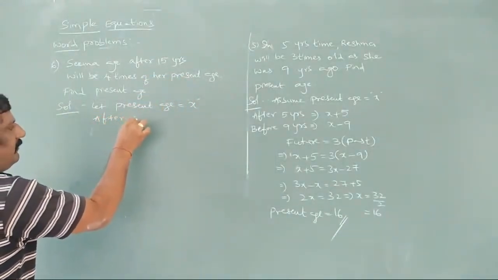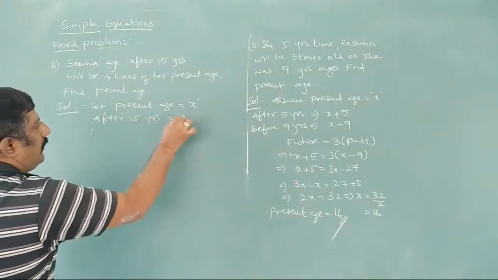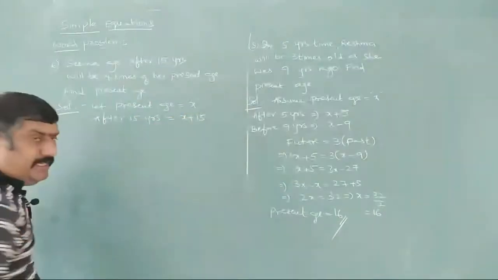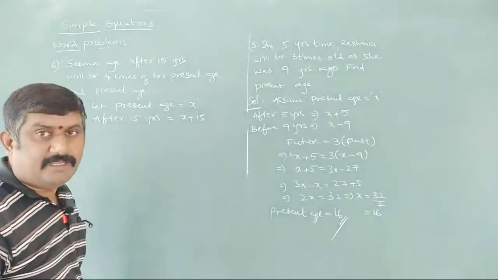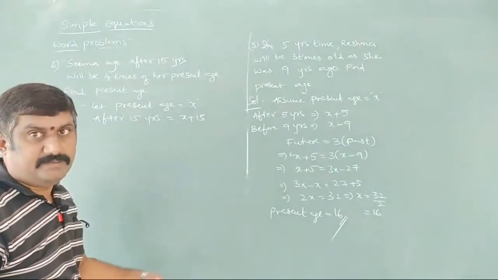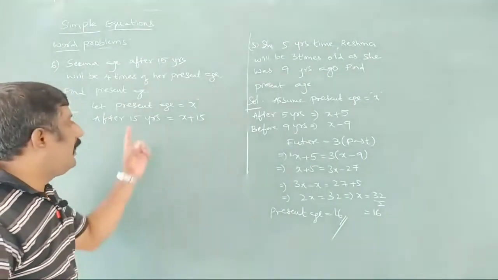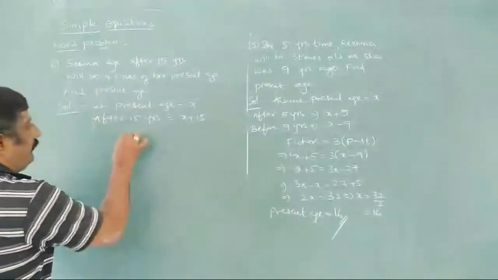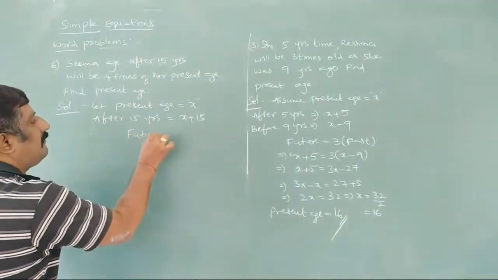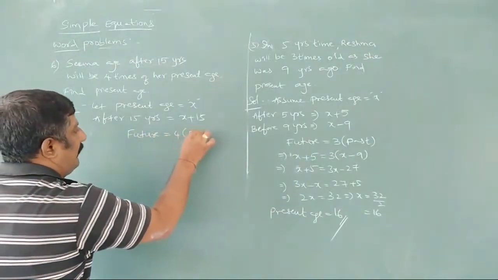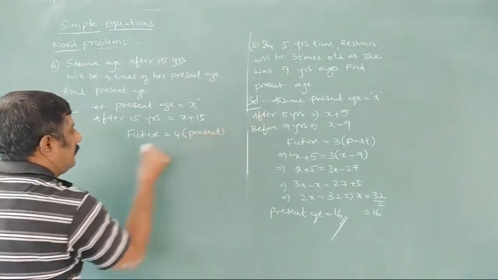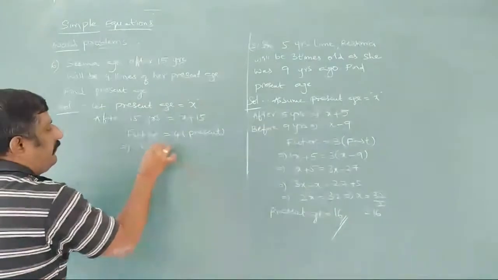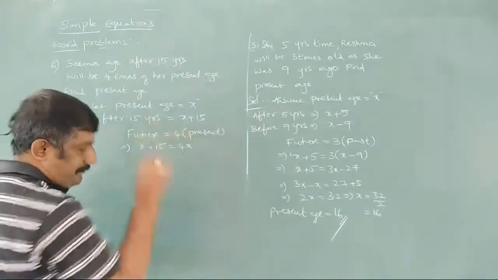After 15 years, it will be x plus 15. What is given here again? Future, present. After 15 years, how much is it? 4 times of present. So future is nothing but 4 times of present, implies x plus 15 is nothing but 4x.